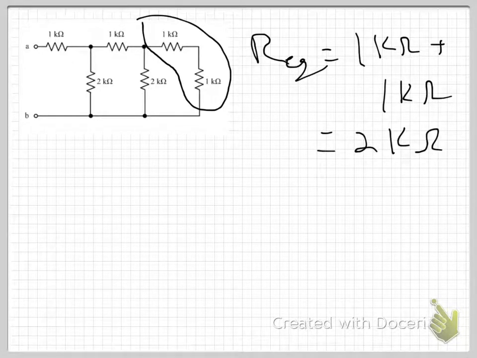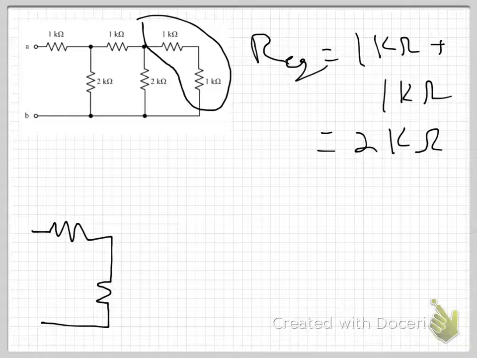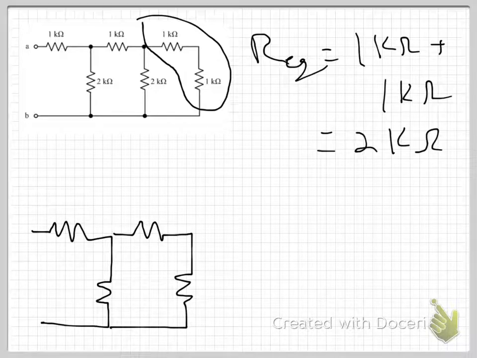So now when I redraw this circuit, it will look like this. This is probably going to get ugly because I'm drawing with my finger on an iPad. And I will put it here. I'm going to leave off the units just for clarity's sake.